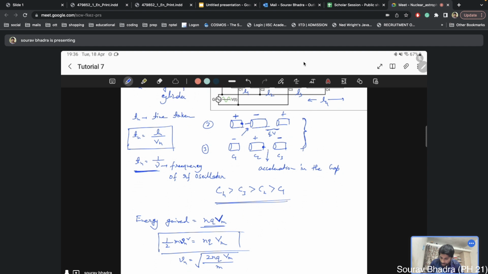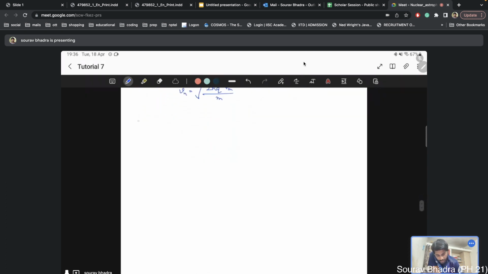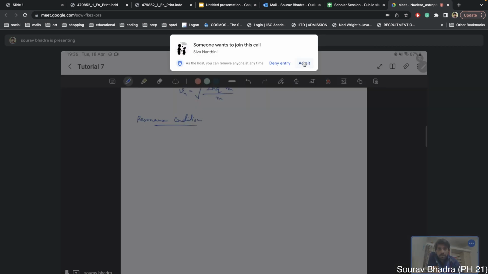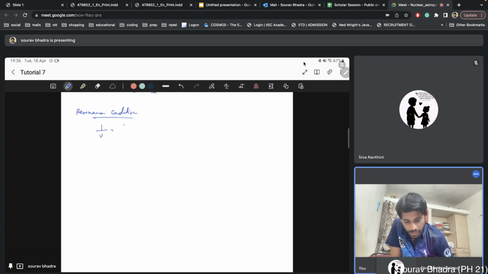Okay. So suppose, while doing the problem, the resonance condition, as I told you, is that 1 by nu should be ln, which was the length, by Vn.